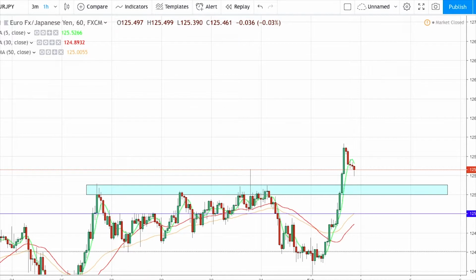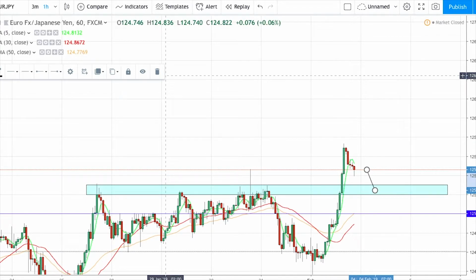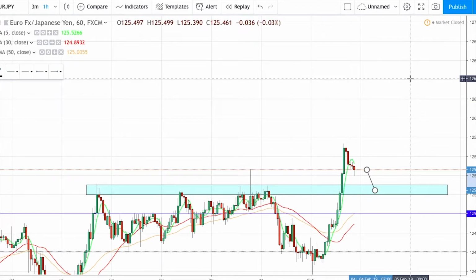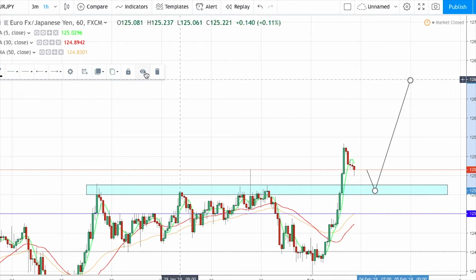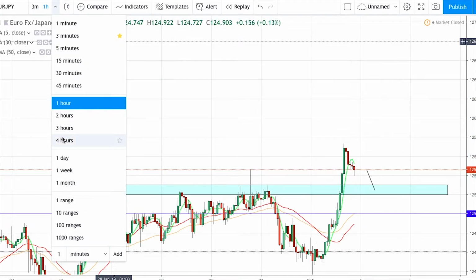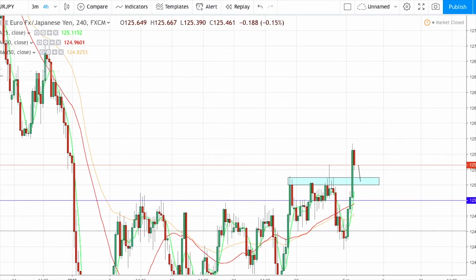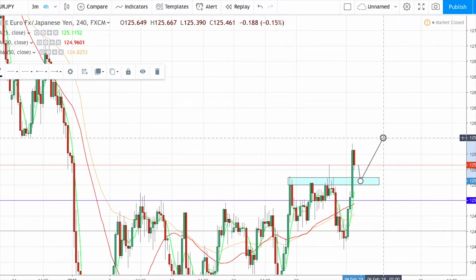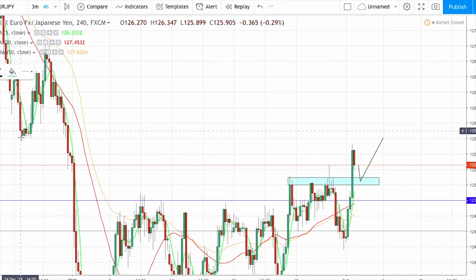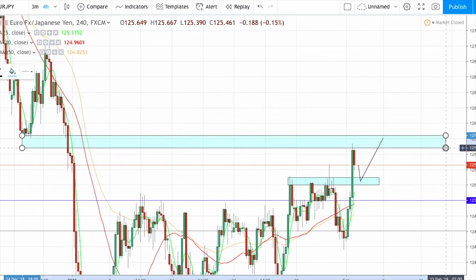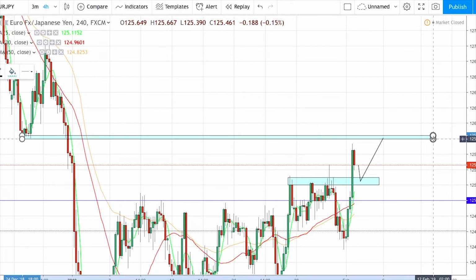But the play that I'm looking for is price to fall into this zone, consolidate for a little while, and then look for longs, which if I just look above on the higher time frames, an easy target to suggest would be 125.800, which would be extending the highs, and also coincides with this area of support that was previously used before.